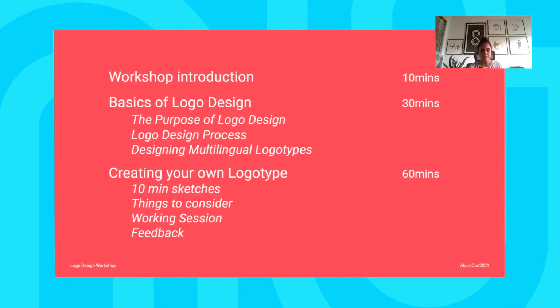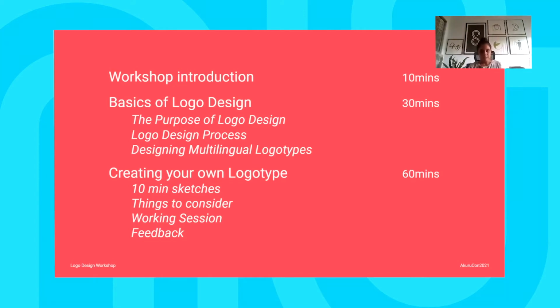And then we will allow you about 10 minutes to do a quick sketch on the information that you received. We will be providing you a few sample logos where you can choose one, and then convert that particular logo into your own language or another language that you like.